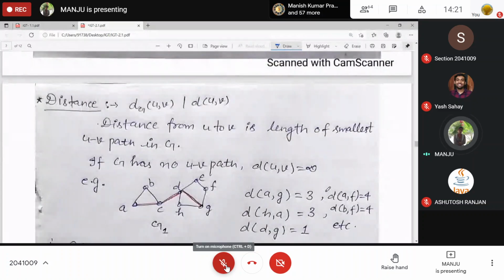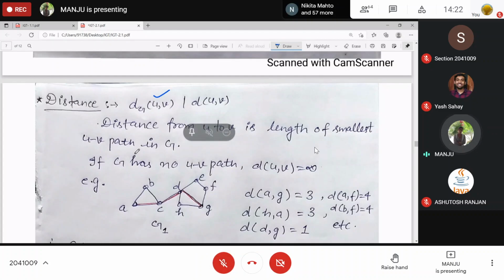Then I discussed distance of u comma v. It is denoted by d_G(u,v) in the graph G. Distance will be the length of the smallest path from u to v.